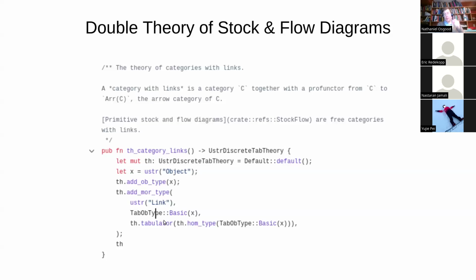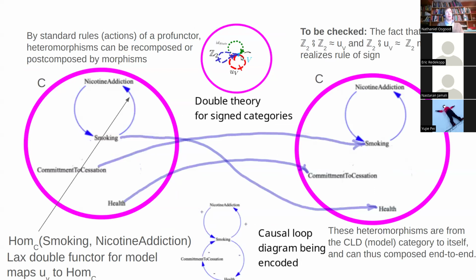But it's doing it for a reason. So they have this tabulator, and I can't pretend to understand all of the exact reason for this. I haven't gone and parsed it out in the software, how this is software engineered. But the idea here is that we're turning the pro arrow from the object X to itself, something analogous to the identity pro arrow, which represents the Hom profunctor.